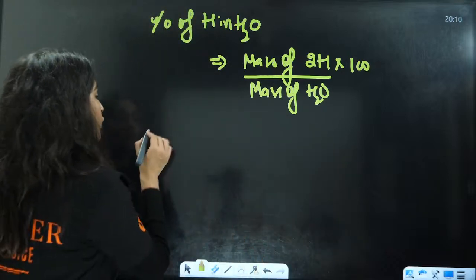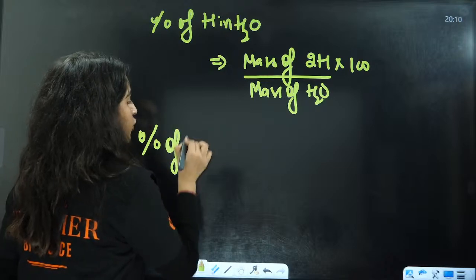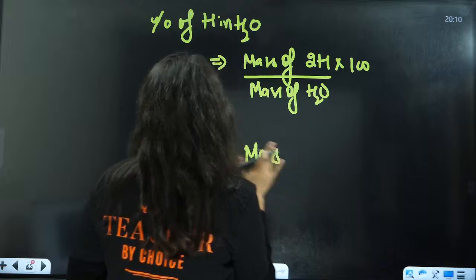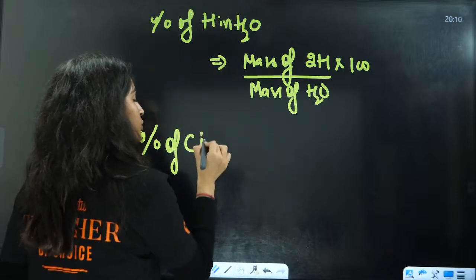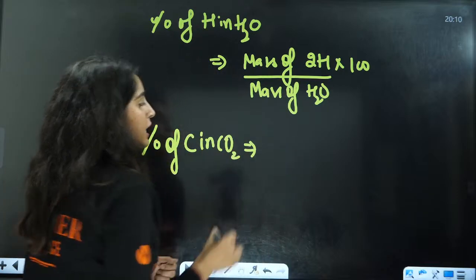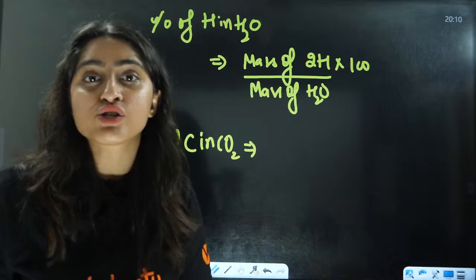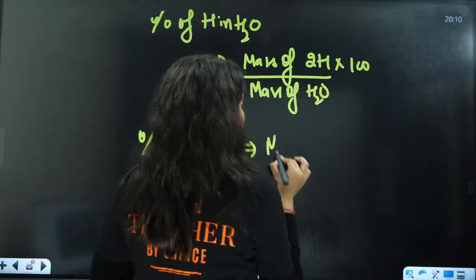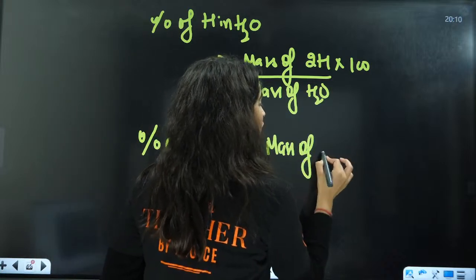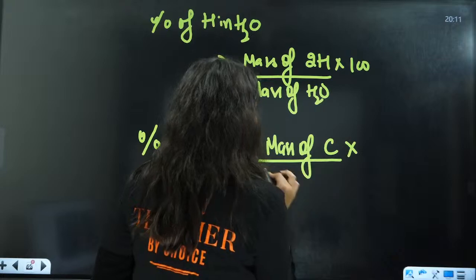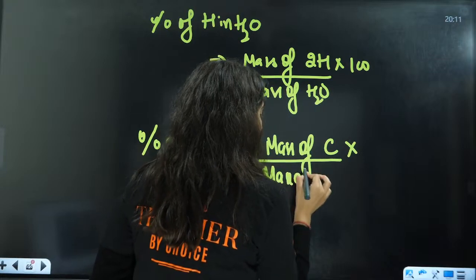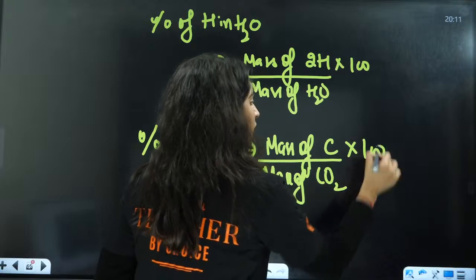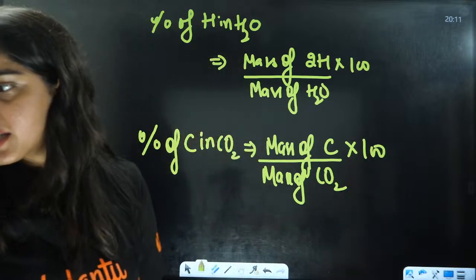For example, the percentage of carbon in CO2: in carbon dioxide you have 1 atom of carbon. So here you will write mass of 1 carbon divided by mass of CO2, into 100. Right?